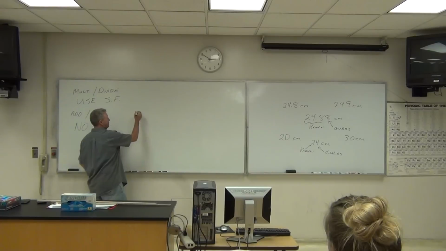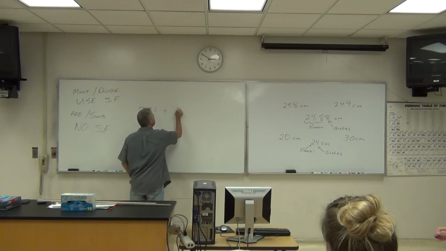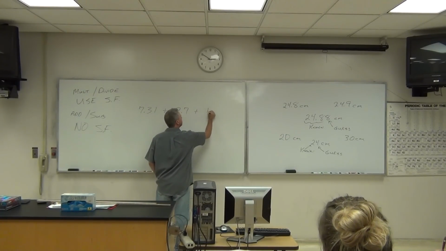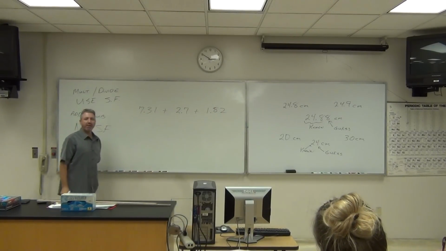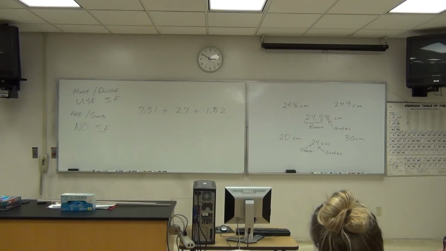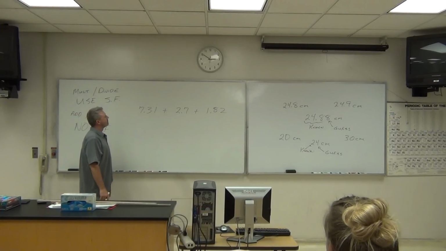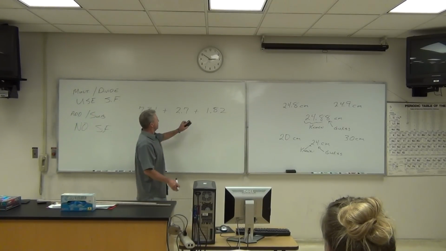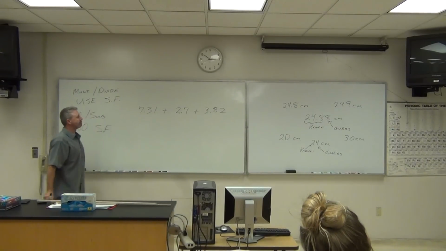So if we have some numbers with decimals, say we have some numbers with decimals. I just made those up. Let's make this 3.82.